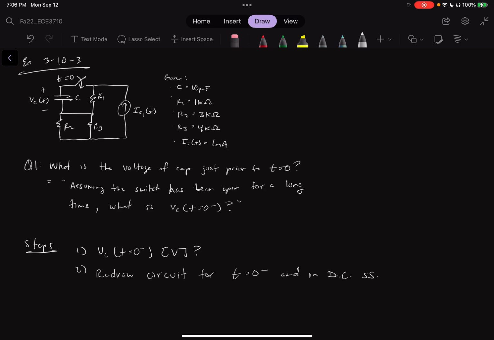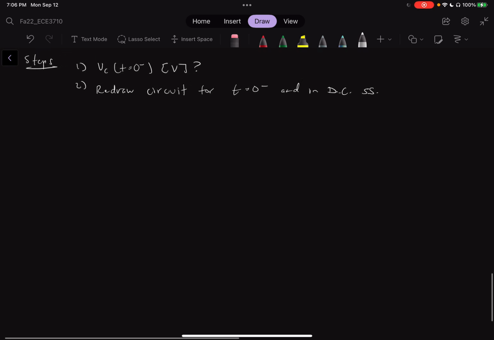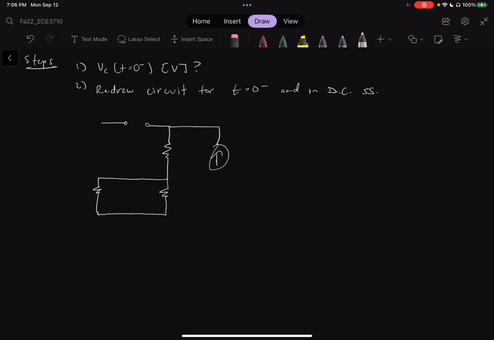Our capacitor becomes an open circuit, and we're at T equal to 0 minus, so the switch is open. So let's redraw it. So we have the switch open, so I'm going to put that the switch is open. Then we have another open circuit.